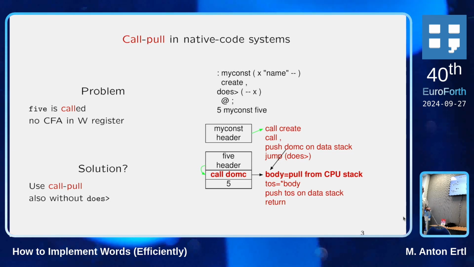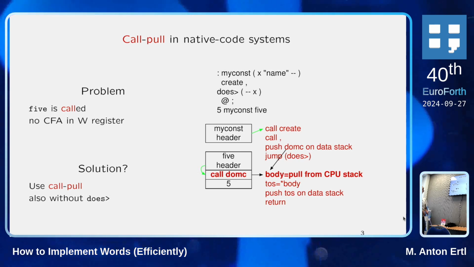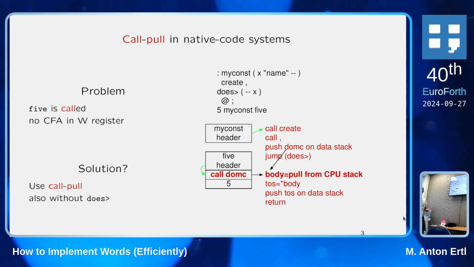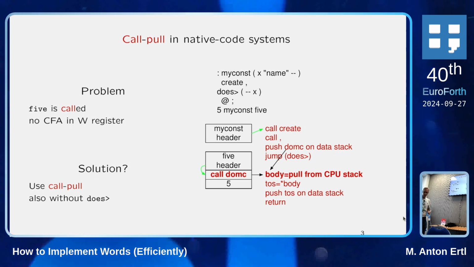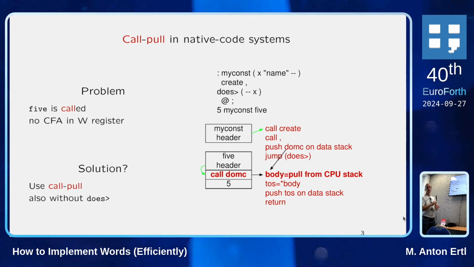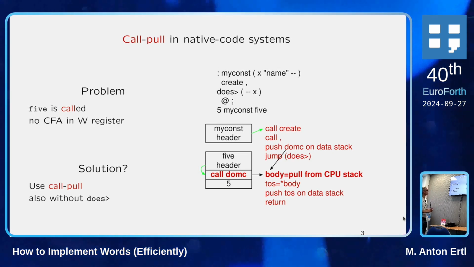Classically, threaded code put the code field address in the W register, and with normal doers, we could get the body address from the W register, and with the does-doers we needed the extra thing.